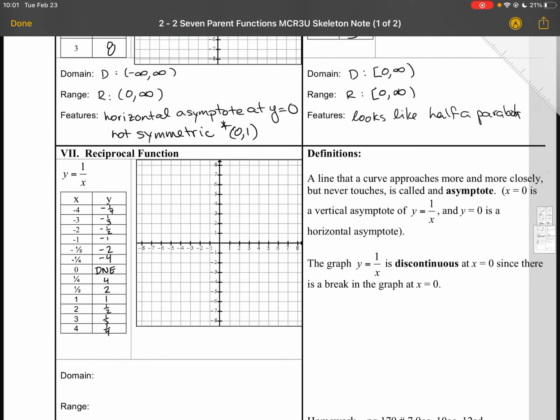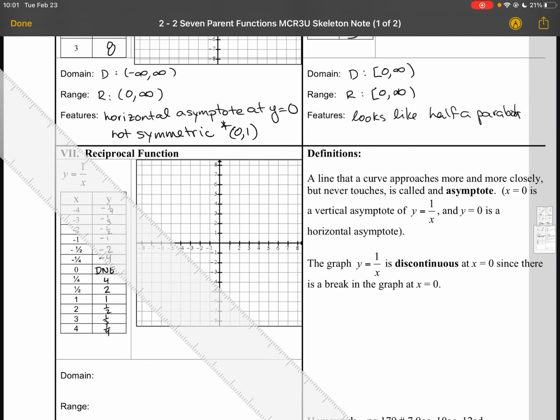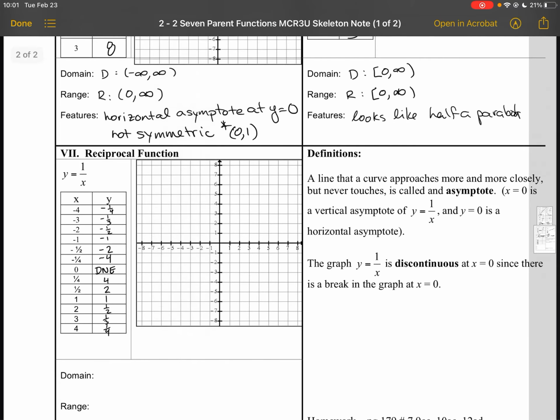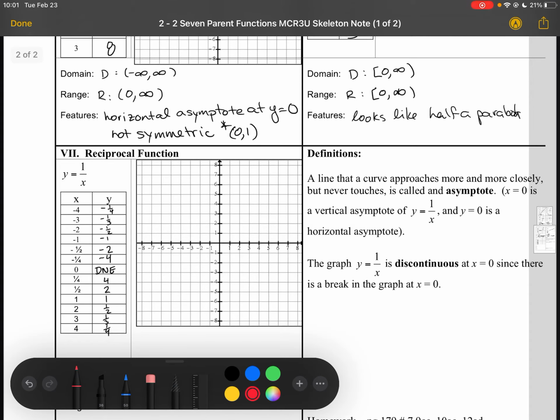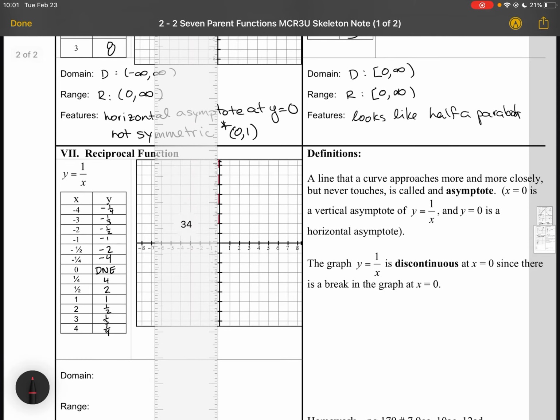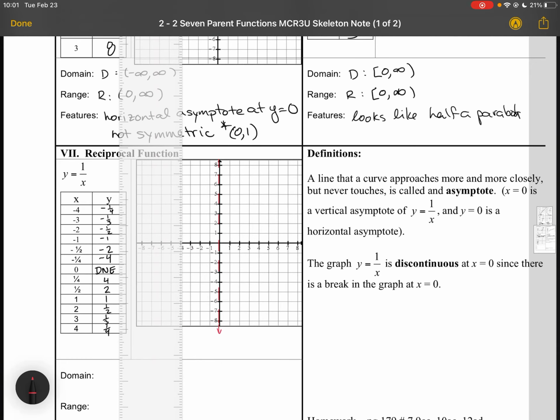We do have 2 asymptotes actually for this function, which go right along my axes here. And I'm going to draw those on in a different color. I'm going to use red. So asymptotes, we're always going to draw on with dotted lines. They are lines, so they do have an equation.